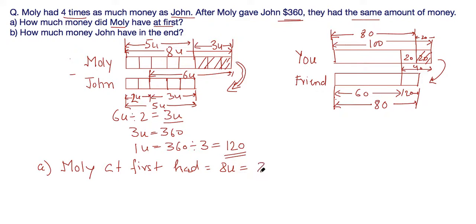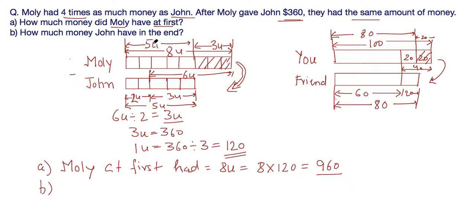Since 1 unit is 120, 8 units will be 8 times 120, which is equal to 960. That means initially Molly had $960.